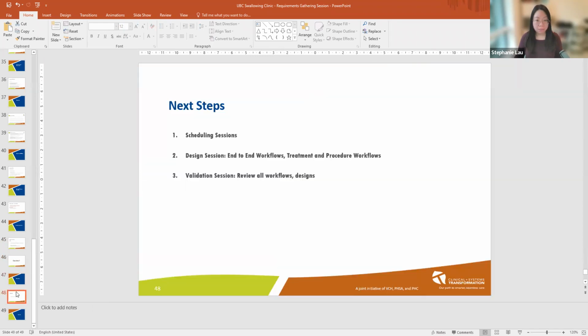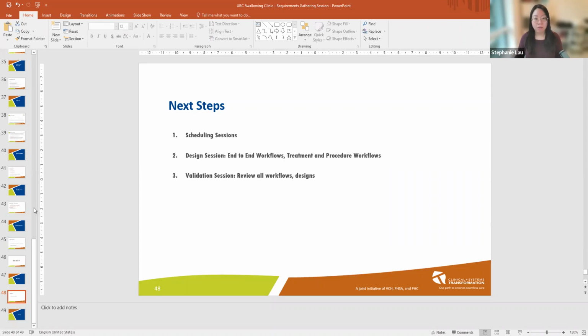In terms of the next steps, I thought since everyone is here, maybe we can start deciding when our next session is, the design session, and also a validation session. So the design session is basically collecting all this information that we've collected from you, and a few more things.